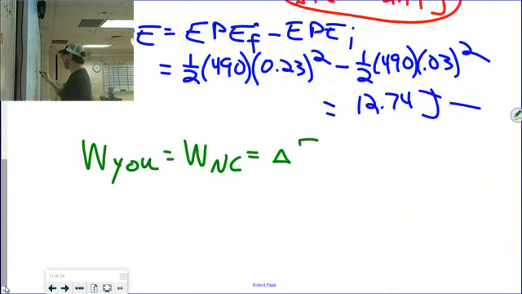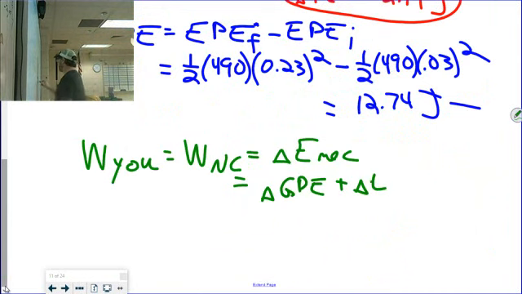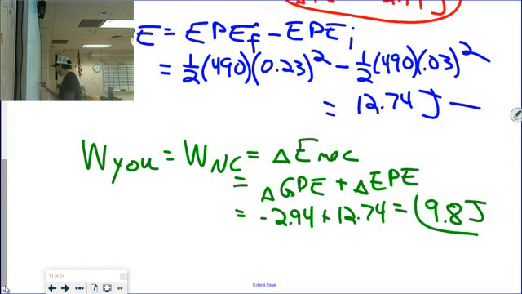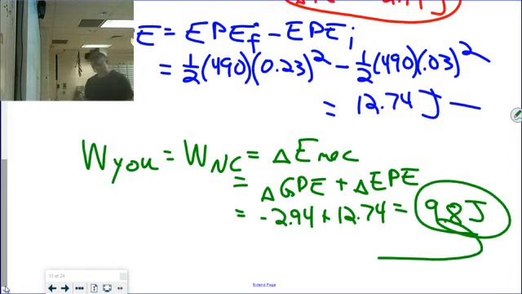That's equal to the change in mechanical energy. Well, the only types of energy that change are GPE and EPE, right? There's no friction, so we don't need to worry about heat. And there's no change in KE because you start at rest. So this gives you negative 2.94 plus 12.74, which gives you 9.8 joules of work that you did. Kabam. All right?